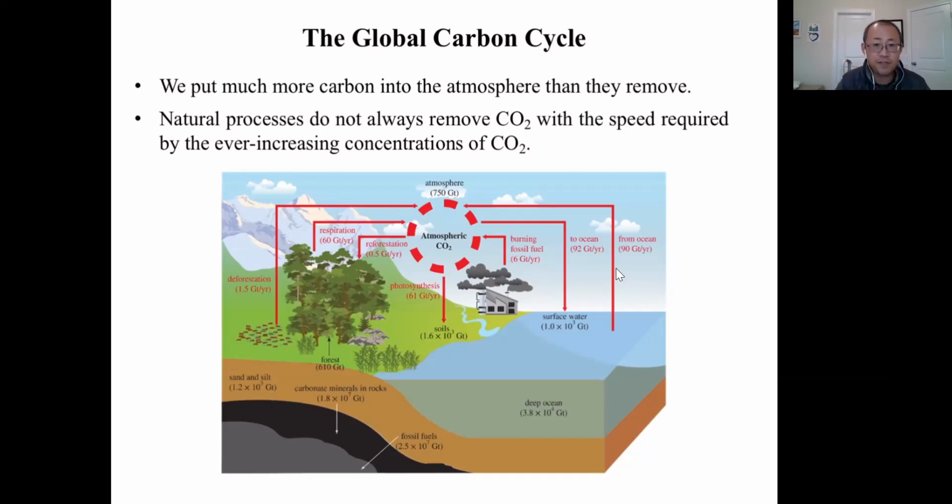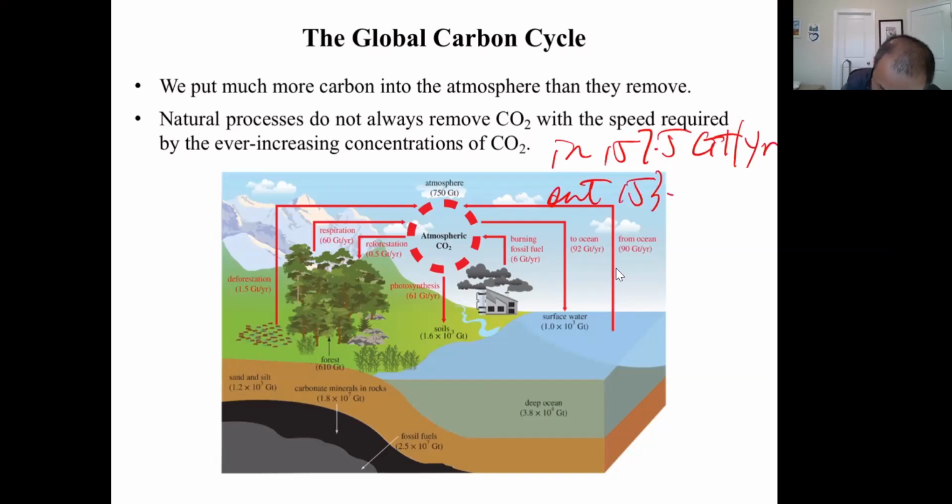So if you do the math, adding the ones we put in and adding the ones we remove, you will find out that, I did some math here in my notes, you can take a look. The amount we put in is 157.5 gigatons per year, and the amount we remove is 153.5 gigatons per year.